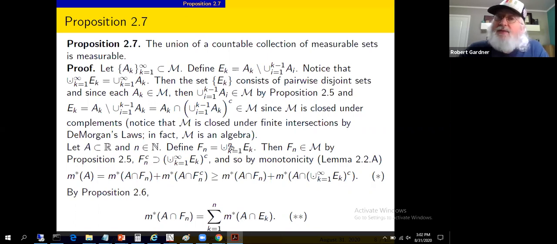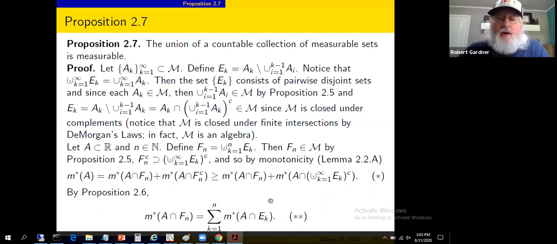Disjointness, we had the E sub k as disjoint, getting an equality here. We get that equality because we created the E sub k's in such a way that they would be disjoint. So that's where we're using the disjointness of the E sub k's. And so we got finite additivity dealt with here simply in terms of what F sub n is, but that gives us a finite sum. And we ain't interested in finite sums, we're interested in infinite sums.